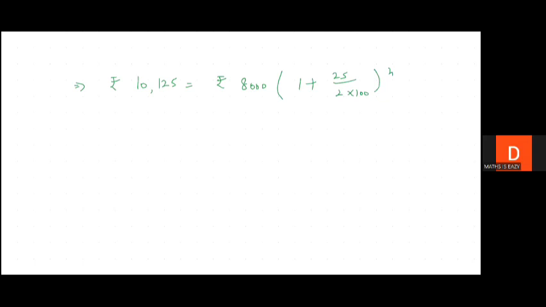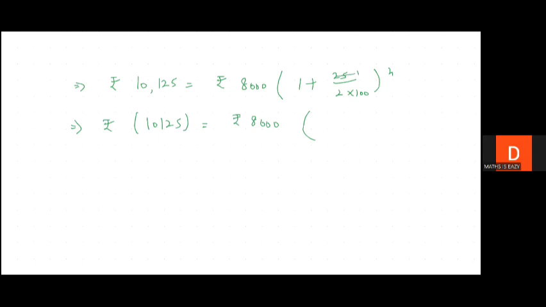Now, in our next step, we will write 10,125 upon 8,000, and cancel it.